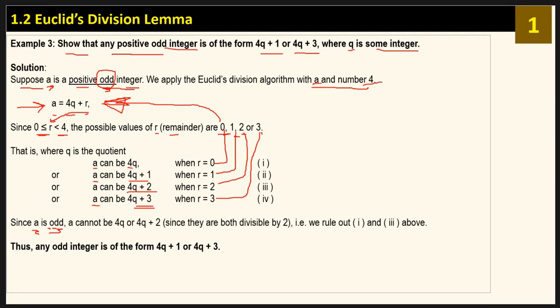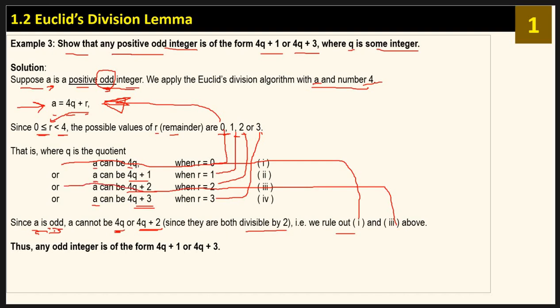So we can say that a cannot be 4q or 4q plus 2, because both 4q and 4q plus 2 can be divided by 2. So we can easily rule out equation 1, and similarly equation number 3 is ruled out.